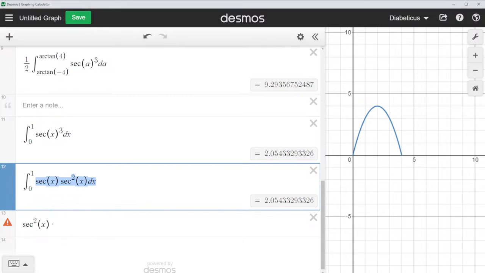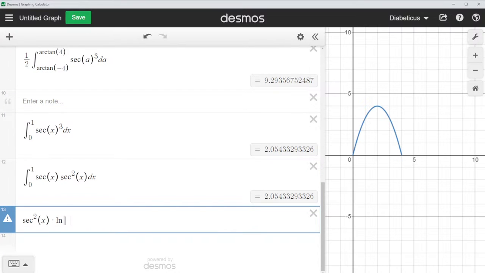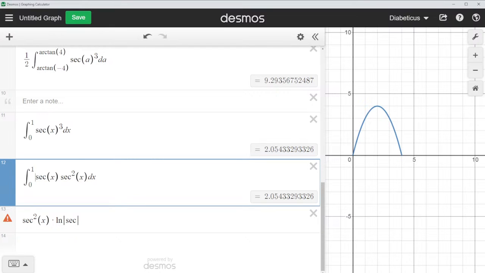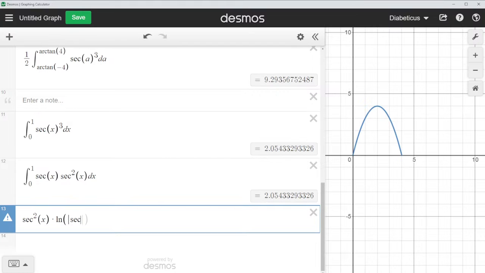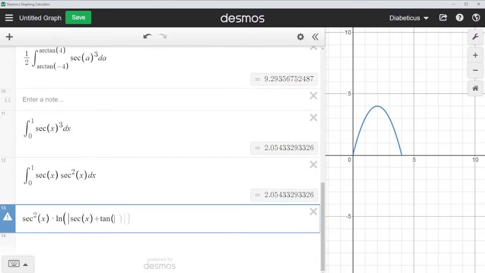I'm assuming that this is gonna be... So this is the integral of singular secant x, right? ln secant plus... What are we doing? Plus tan of x.